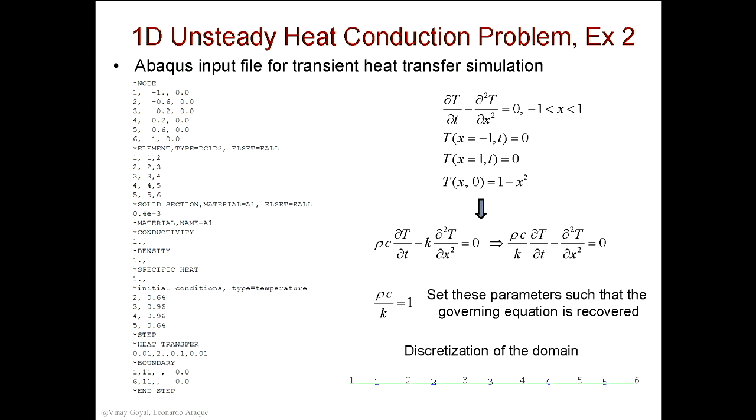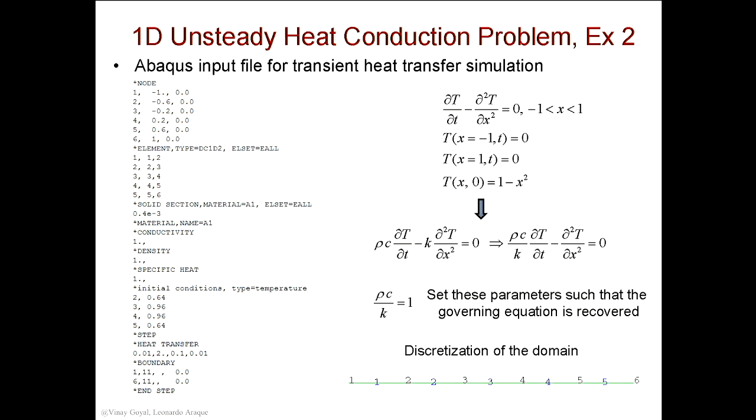A discretized domain, here at the bottom. I have 5 elements, 1, 2, 3, 4, 5. I have 6 nodes, 1, 2, 3, 4, 5, 6. Okay? And I know the coordinates, so I put the coordinates in here. It goes from minus 1 to 1. I have the nodes spaced equally: minus 1, minus 0.6, minus 0.2, 0.2, 0.6. So the spacing is about 0.4.